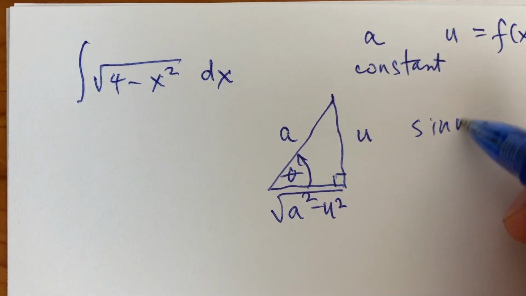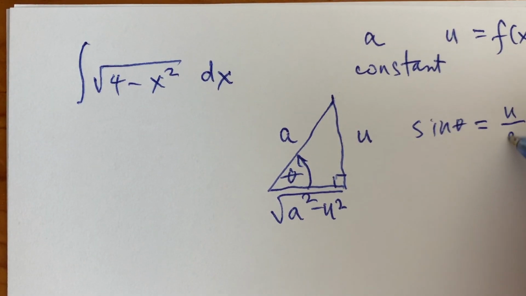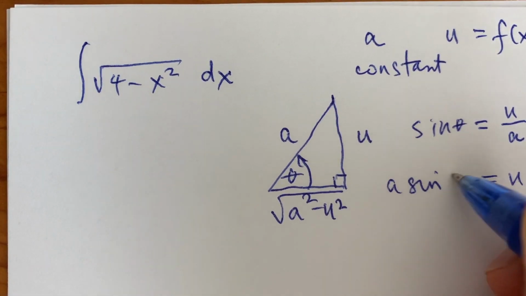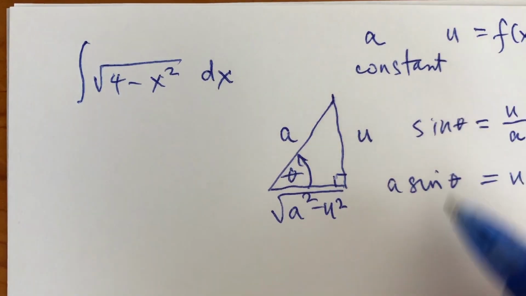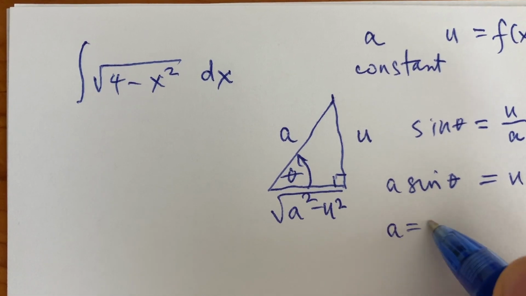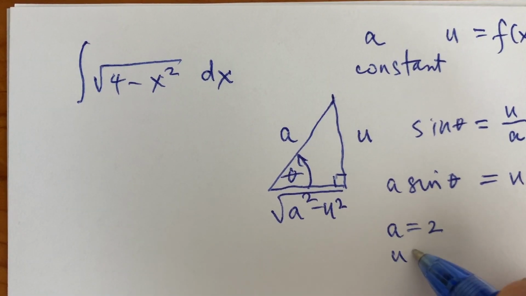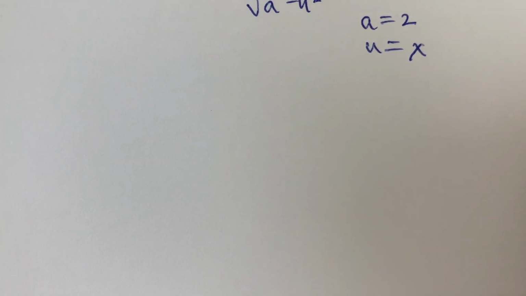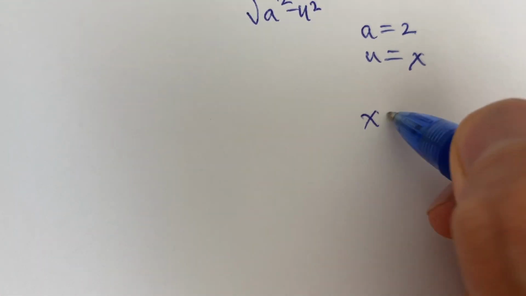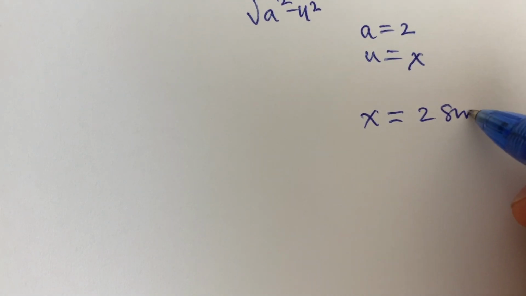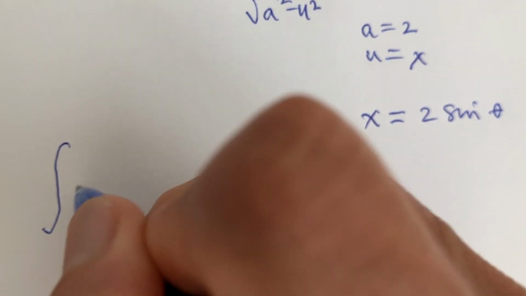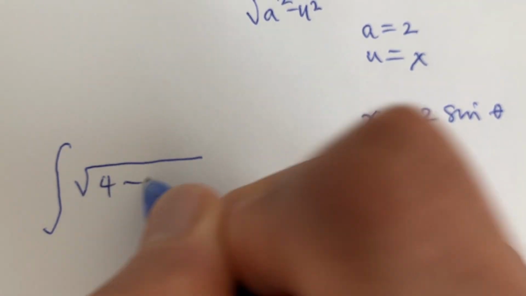Sine of theta is equal to u over a, or u is equal to a sine of theta. So in this case, my a is 2 and my u is x. So my x will be represented as 2 sine theta.